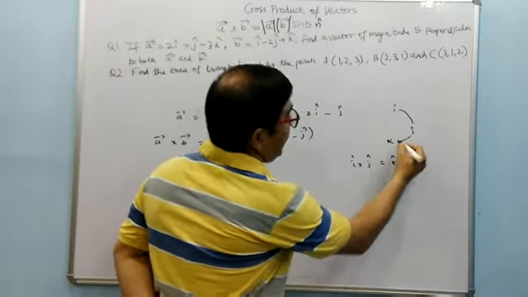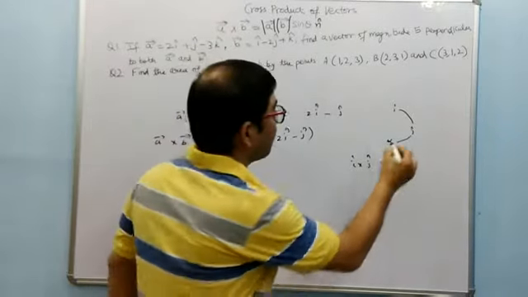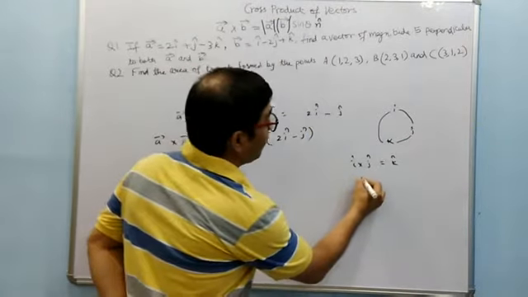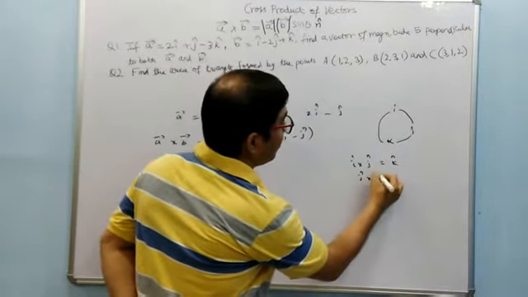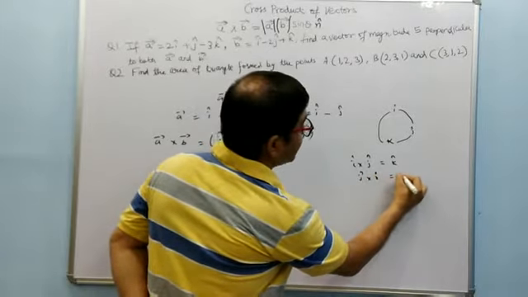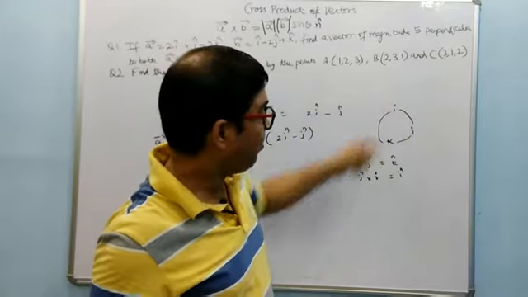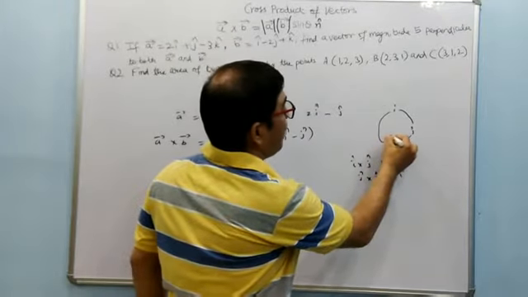Same way, j cross k is i cap. Same way, k cross i cap is j cap.